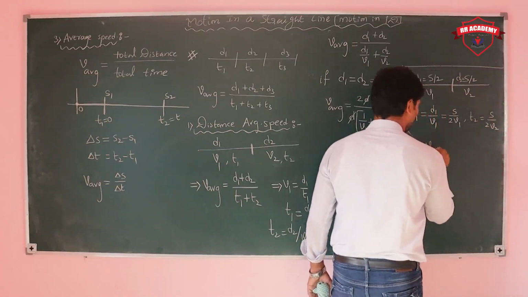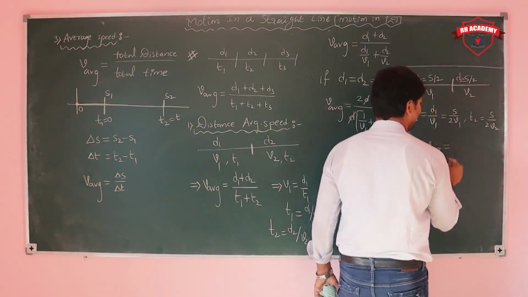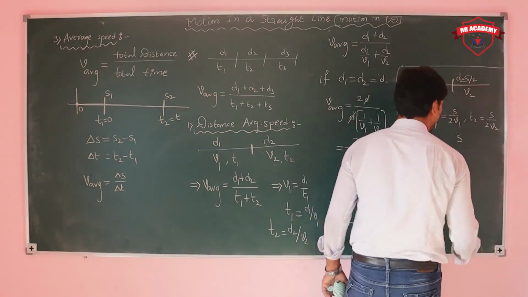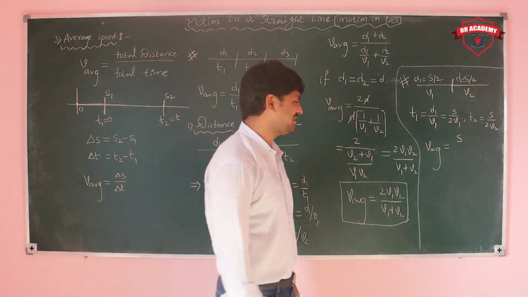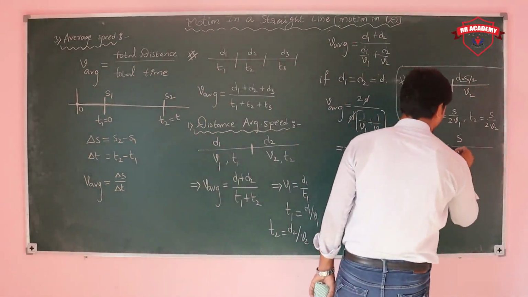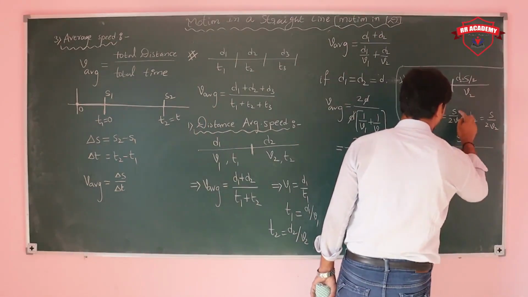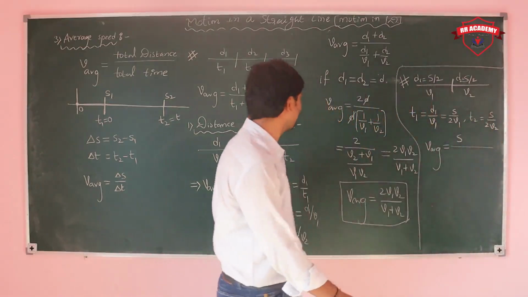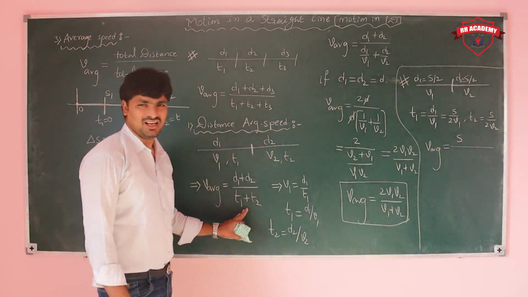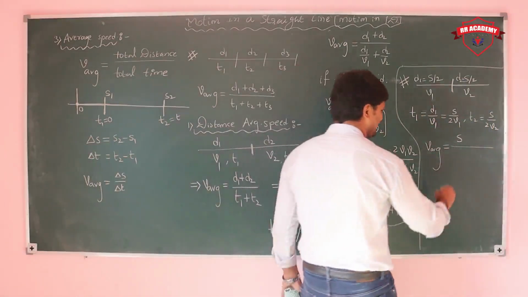So then put the value in V average. V average is equal to total distance, S by 2 plus S by 2, that goes to S, upon T1 plus T2. T1 is S by 2V1, T2 is S by 2V2. Then S by 2 you can take common.